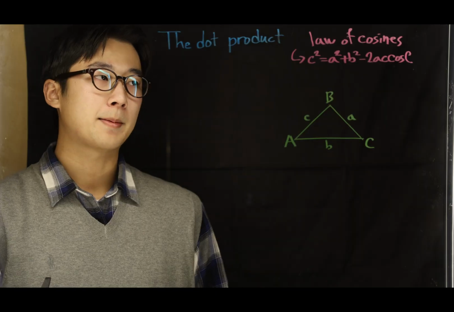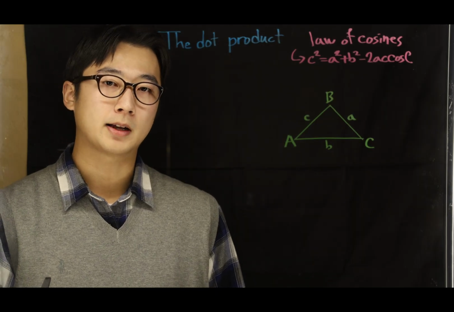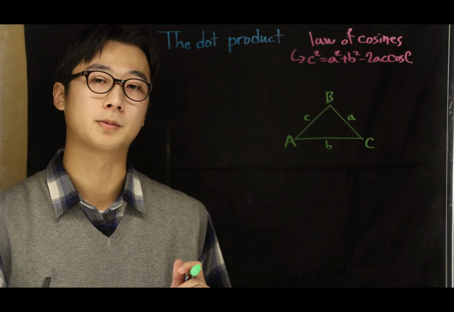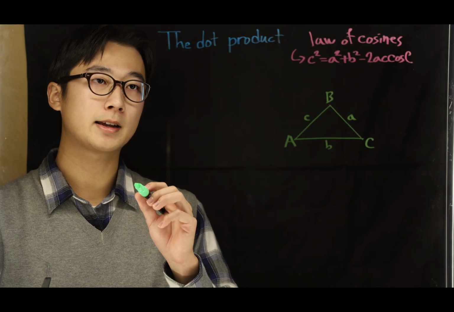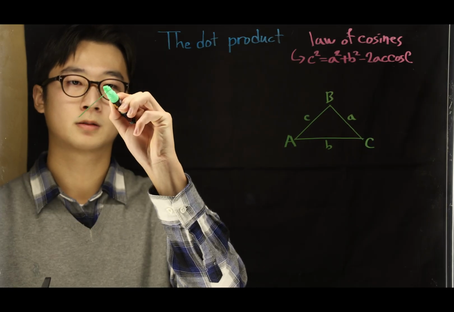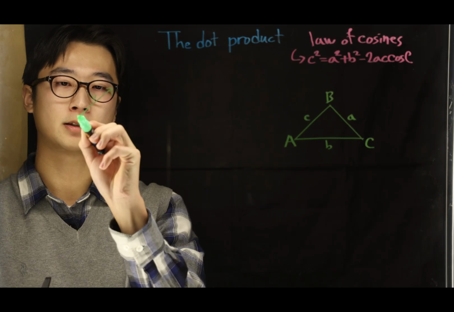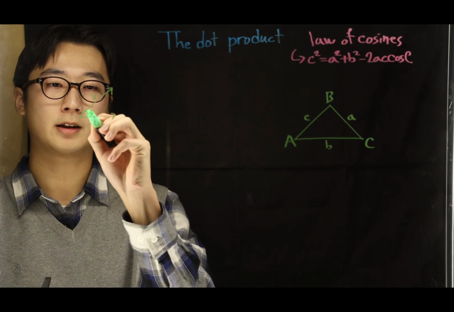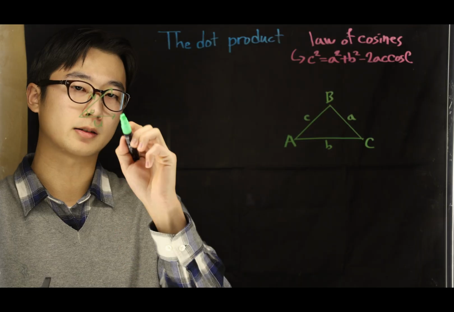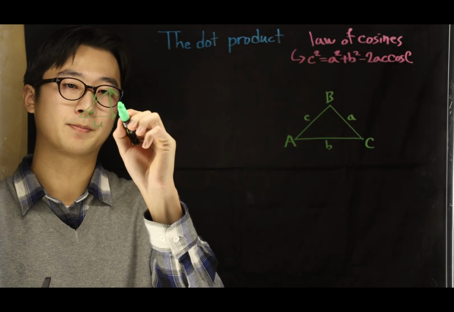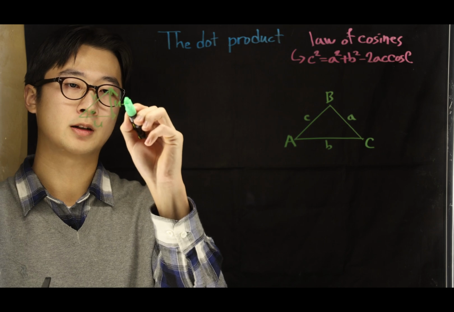Alright, so let's get back to the dot product problem. I want to derive the formula now using the law of cosines. So let's say there are vectors v and u, with angle theta between them, and we can draw another line here in this direction, that is u minus v.